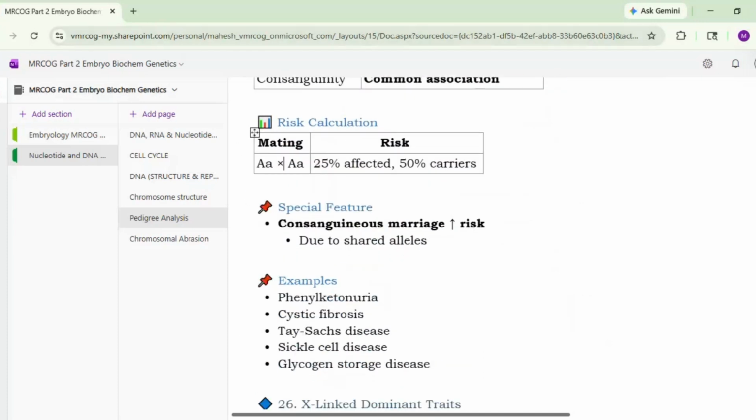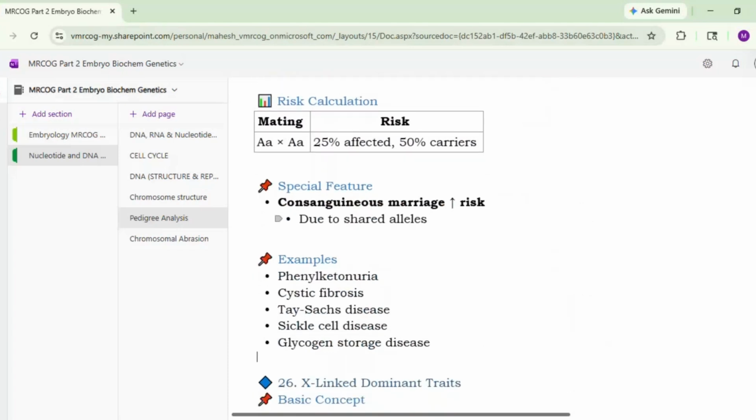So they always ask this risk calculation in the examination. Then, consanguineous marriage will increase the risk due to shared alleles. Examples of autosomal recessive disorders are phenylketonuria, cystic fibrosis, Tay-Sachs disease, sickle cell disease, and glycogen storage disease.